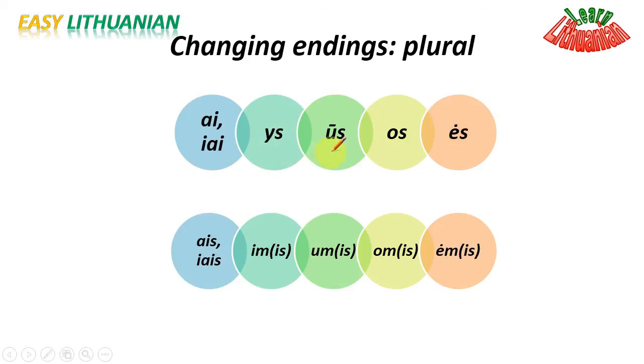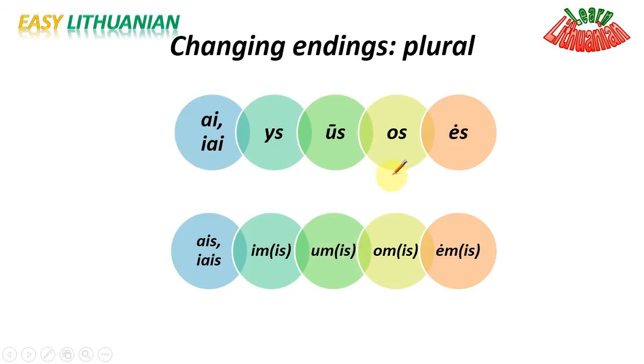Us, again, not frequent, only the word sūnus, sons, sūnumis or sūnum. Another possible could be turgus, marketplaces, turgum or turgumis.